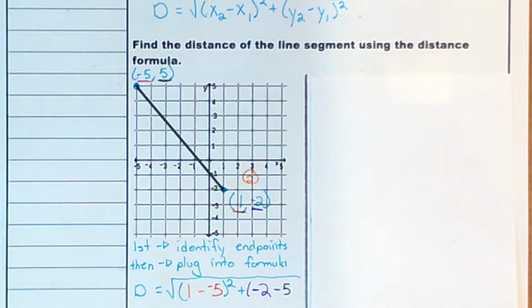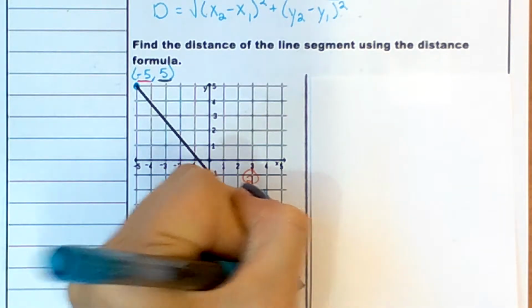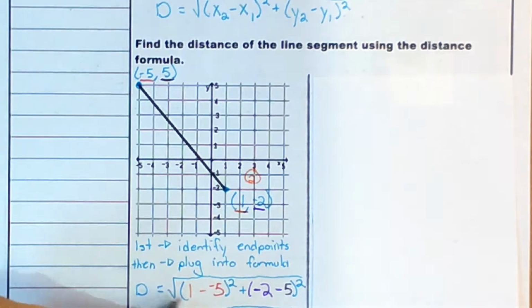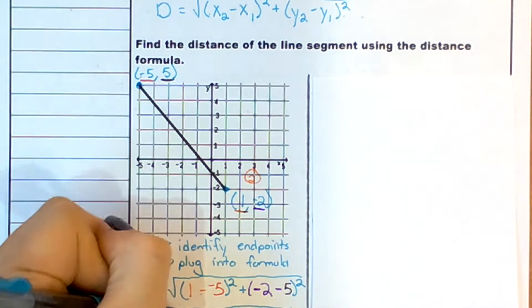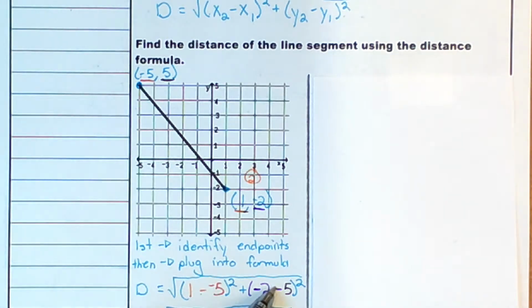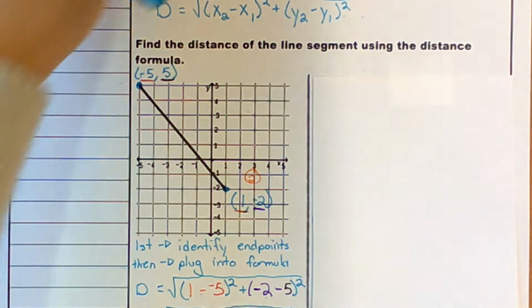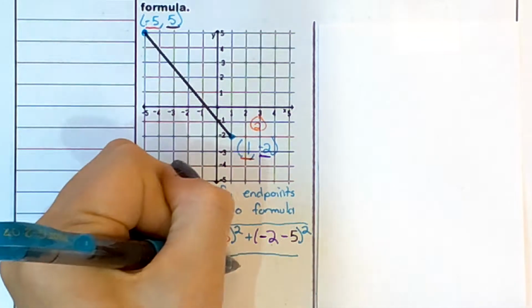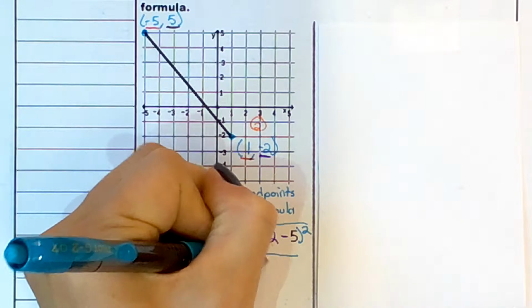And then I'm going to close the parentheses and square that. So let's simplify. 1 minus a -5, that's 6. So I have 6 squared. -2 minus 5 is now -7. There we go. So we have a -7 squared.